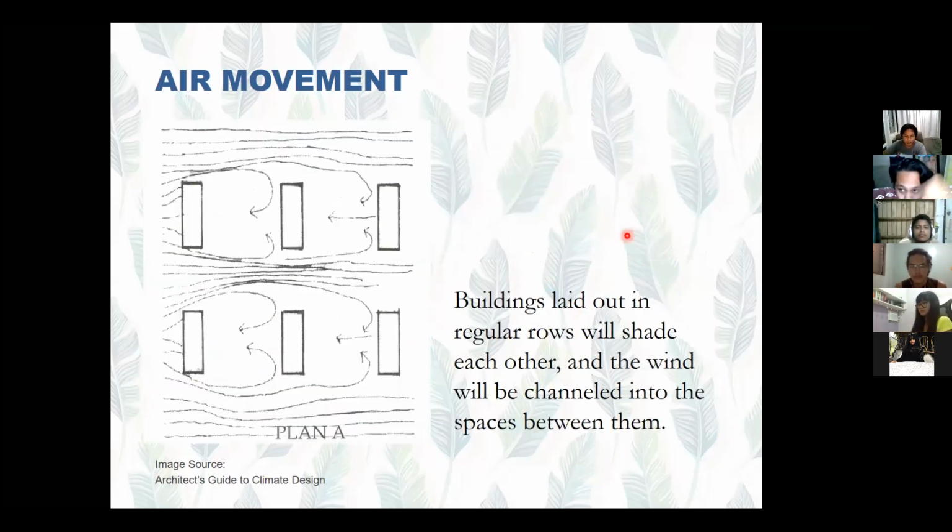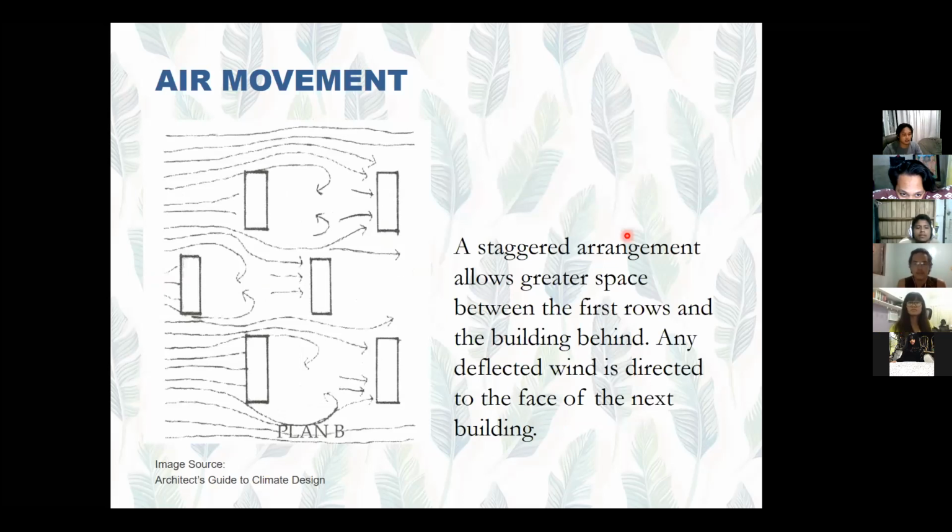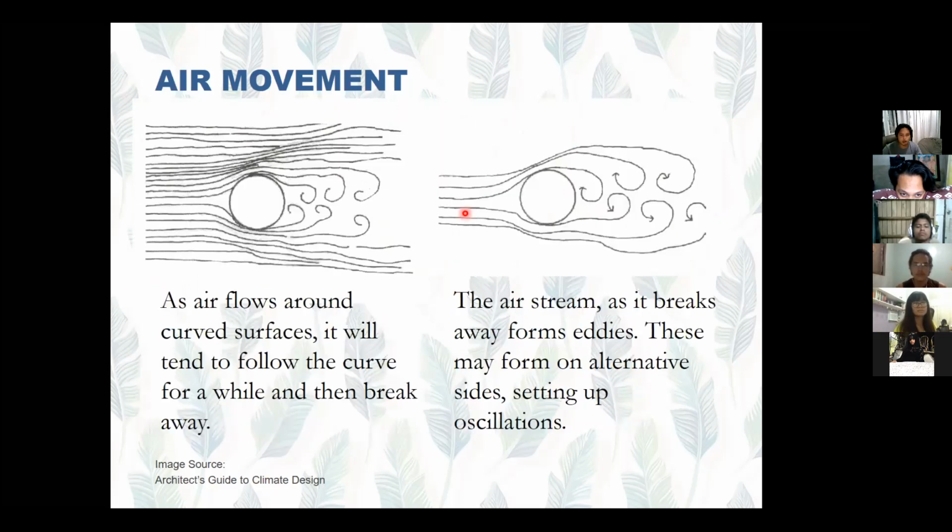If you lay out buildings na regular row, you create leeward pa rin, mga blind spot ng air, pag ganyan. So, better, you put it in a staggered row, a staggered way. So, it decreases the areas where there is a leeward or blind spot ng stream ng airflow. Yan. In terms of pag-curve yung surface mo, okay, babalik yung return sa likod, pag-curve yung space.